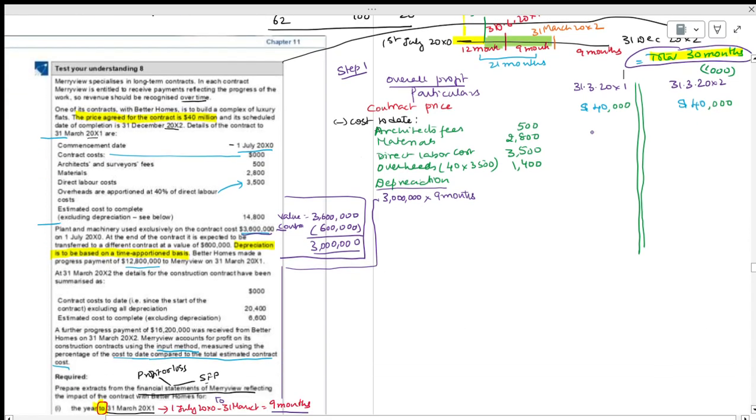Total months are 30. Divided. It is time apportioned. How much will you get? 3 million into 9 by 30. How much will you get? 900,000.